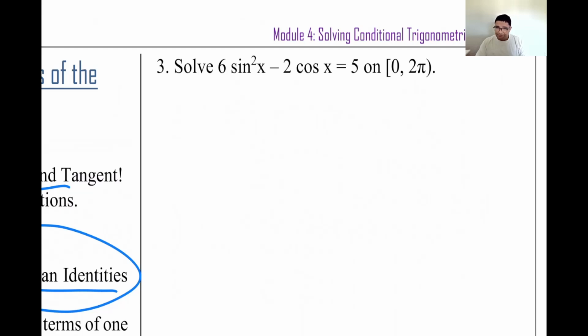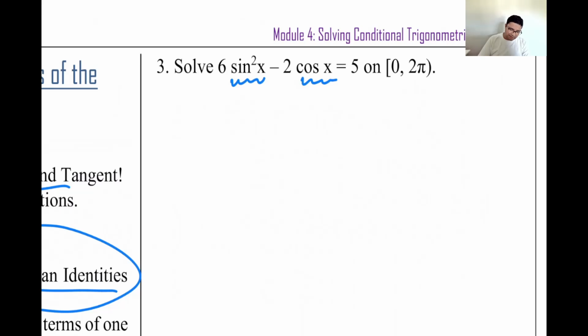Another equation. Again, this is quadratic, but one is sine square, the other is cos. So two different functions here. And going back to the strategies that I read, you want to convert them into the same function, right?